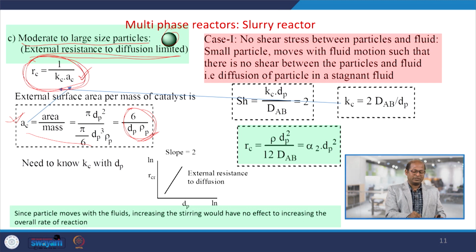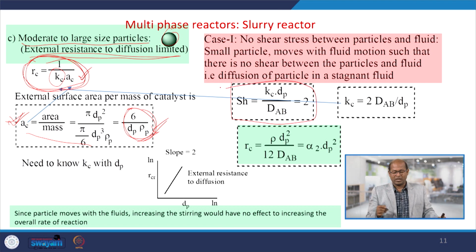Here two components are there, Ac and Kc. Ac we can find out this way from the catalyst particle diameter and density, and Kc is the mass transfer coefficient. Since gas and a large or bigger size of particle is there, external diffusion should be there, so for that we have to consider the Sherwood number. How the Sherwood number and mass transfer coefficient are related, for that there are two cases we consider.